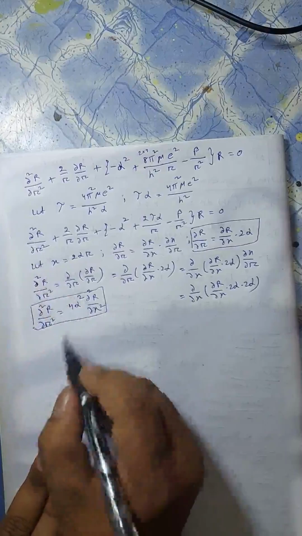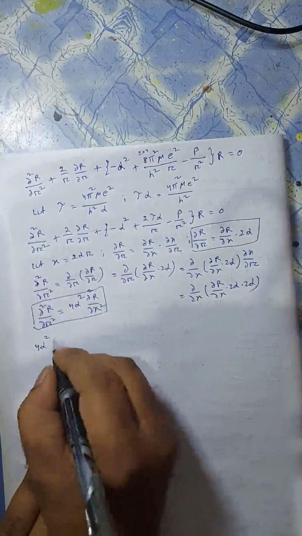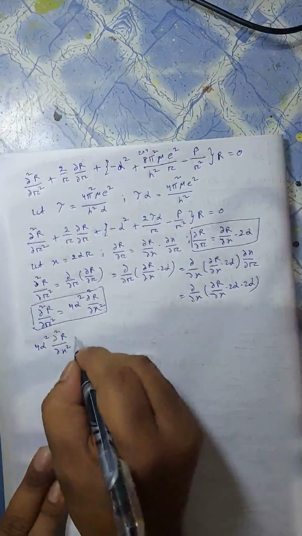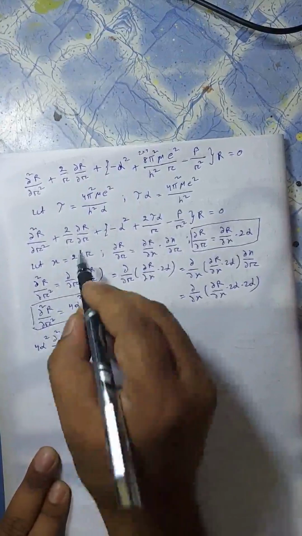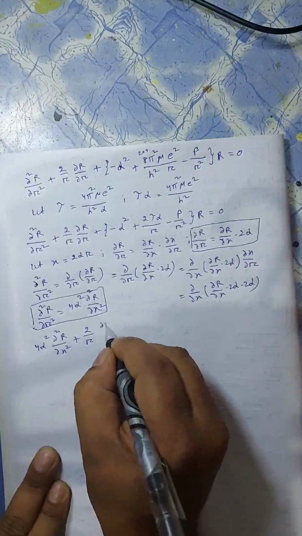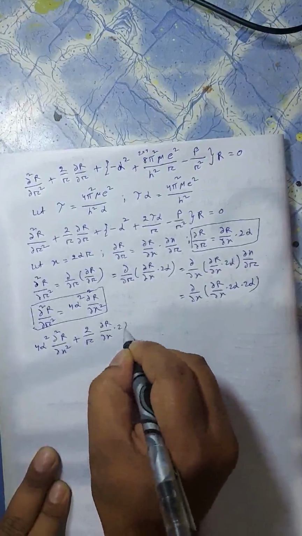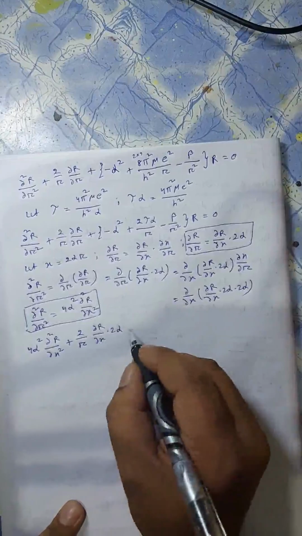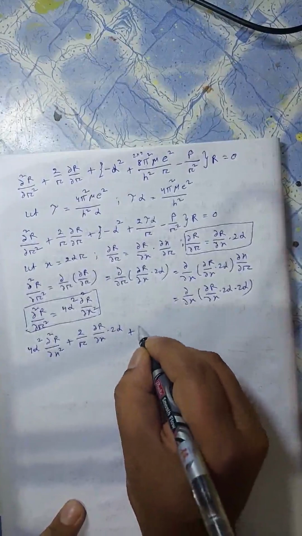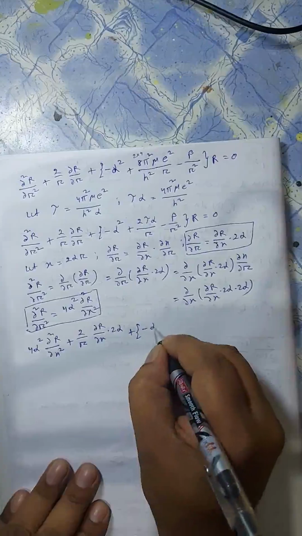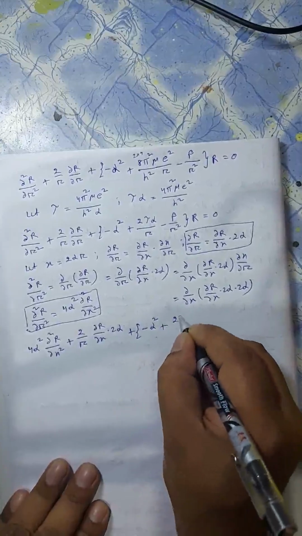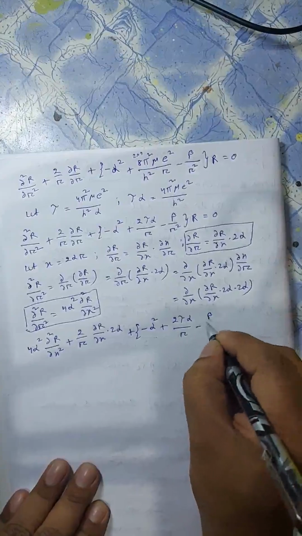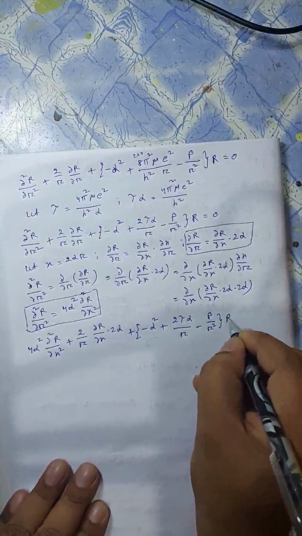In this equation we substitute 4α² ∂²R/∂x² plus 2/r, in this place I write ∂R/∂x into 2α, plus whatever remains as such, minus α² plus 2λα, I put this one, minus β/r², whole bracket R is equal to 0.